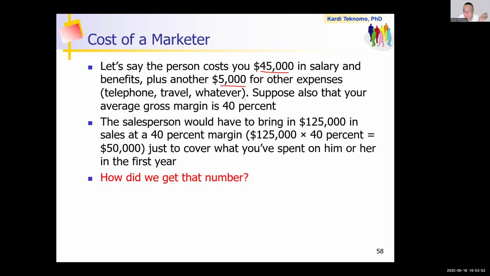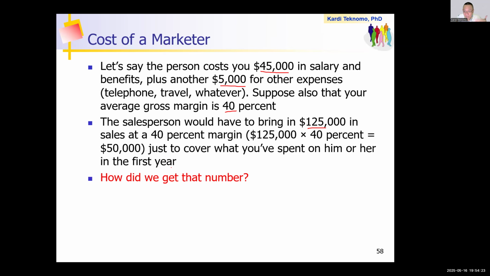And of course you set the gross margin, say 40%. Then that salesperson needs to get 125,000 in sales, so that the total will be 50,000. 45 plus 5,000 is 50,000, isn't it?